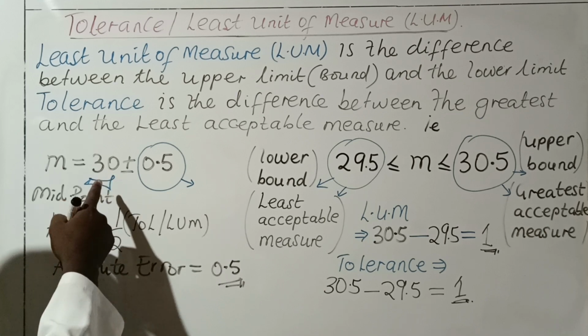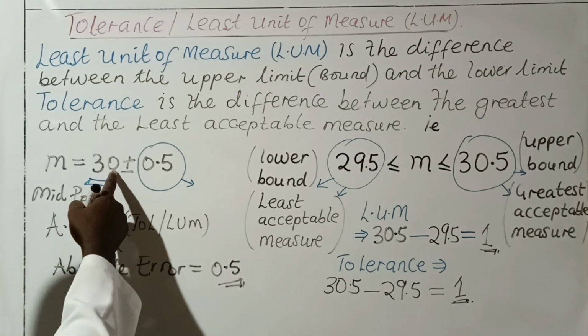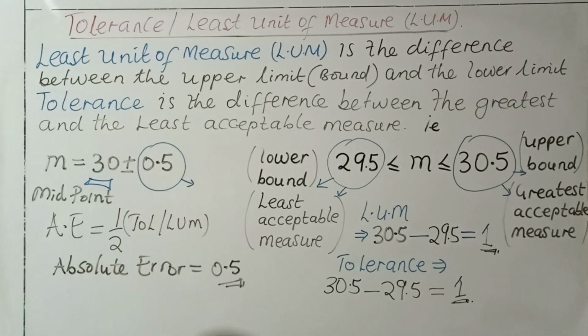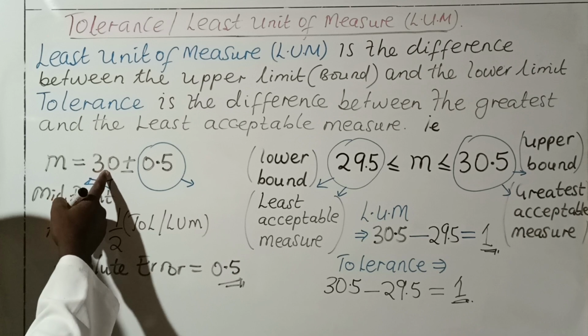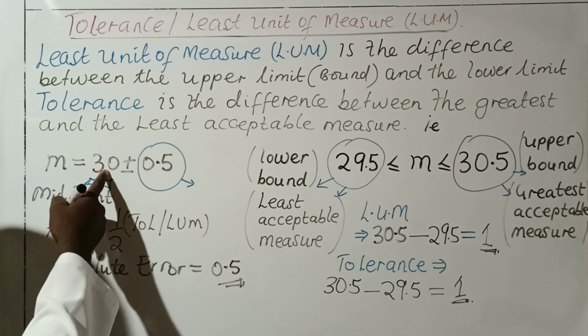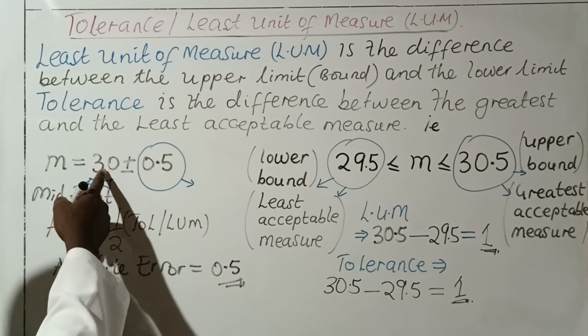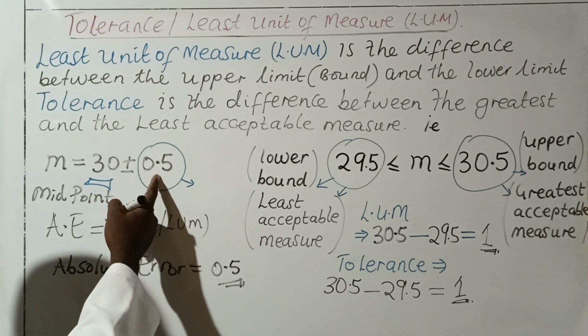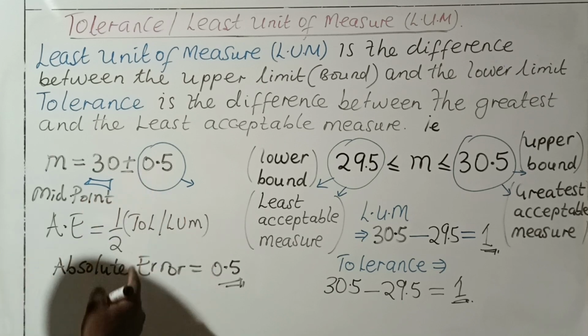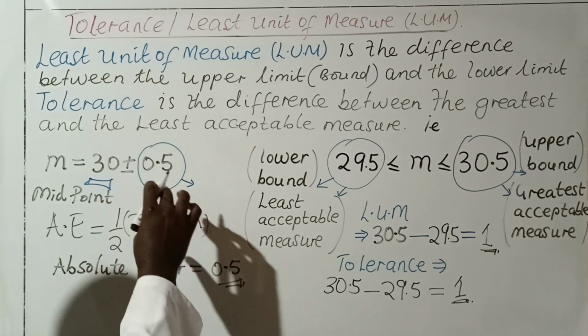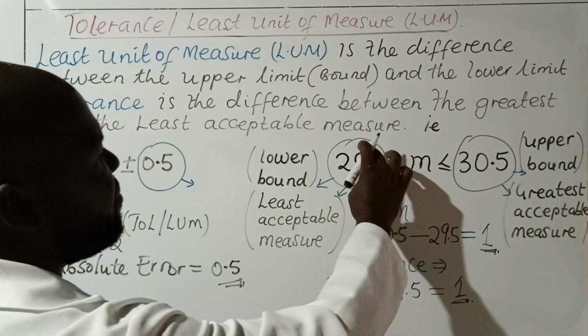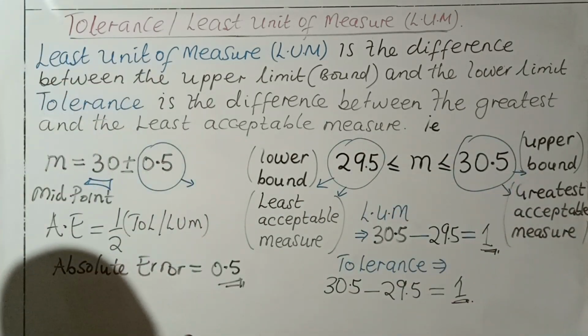So when we see a measure represented like this, we must know that the number occupying this space is always the midpoint, and the number coming after plus or minus is basically our absolute error. So this information is the same as this.